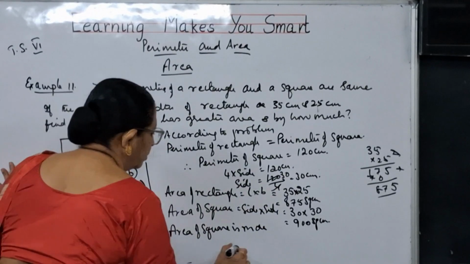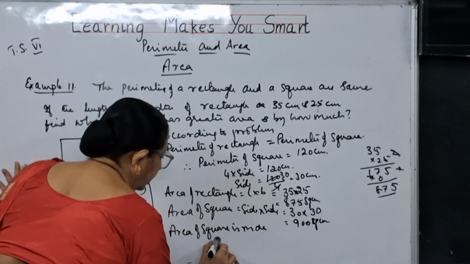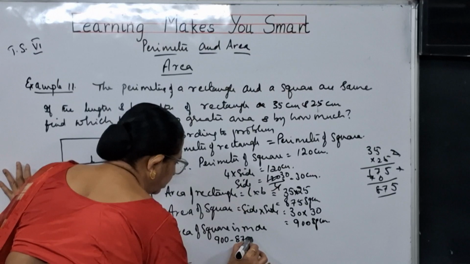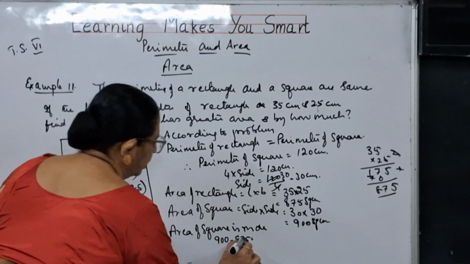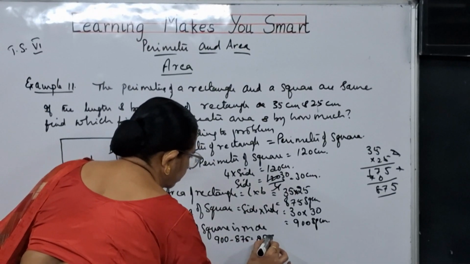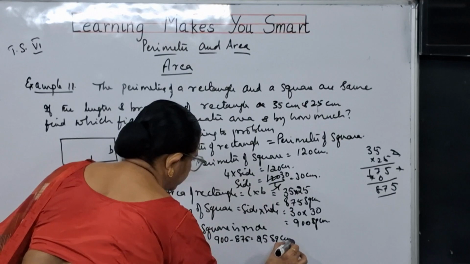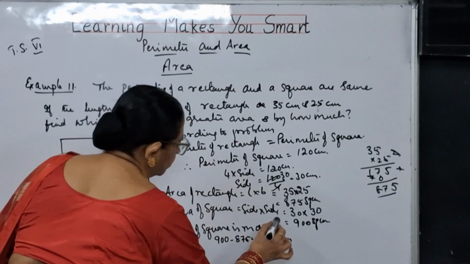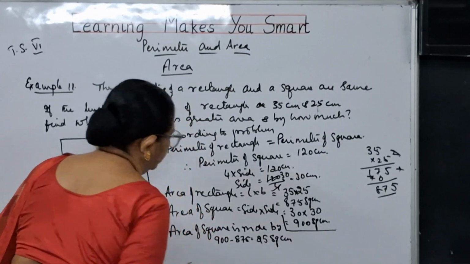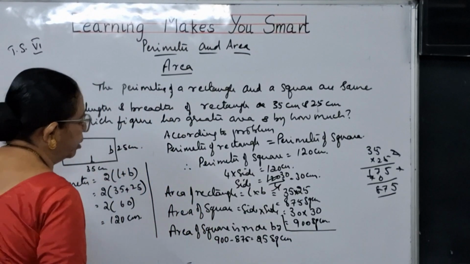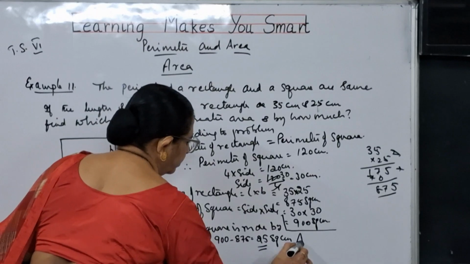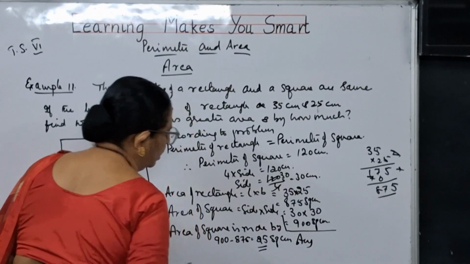So how much? 900 minus 875, that is 25 square centimeters. You write, area of square is more by 25 square centimeters. This is the answer, children.